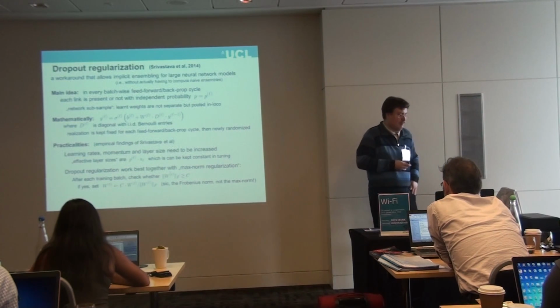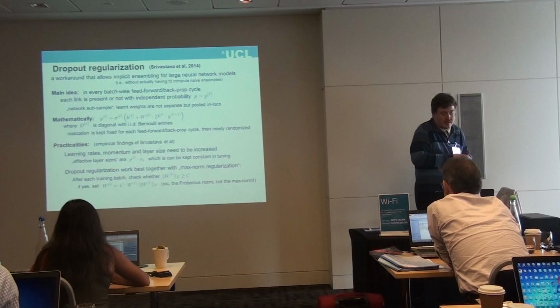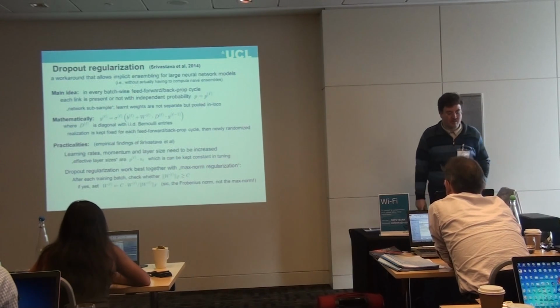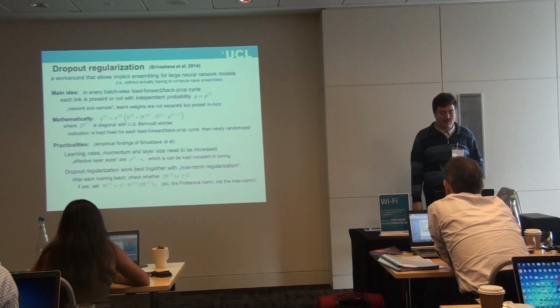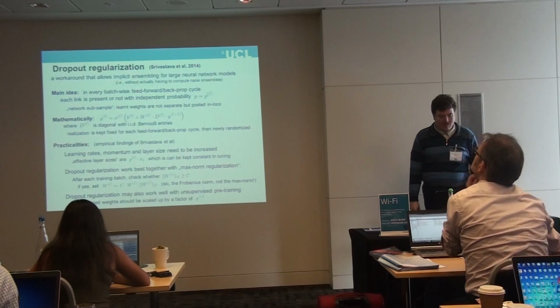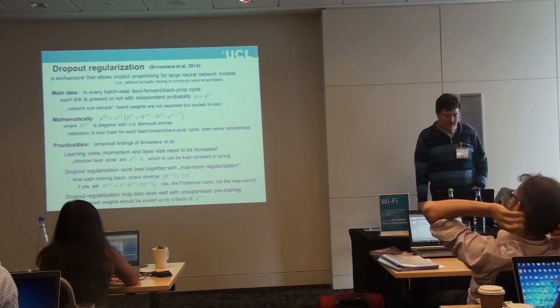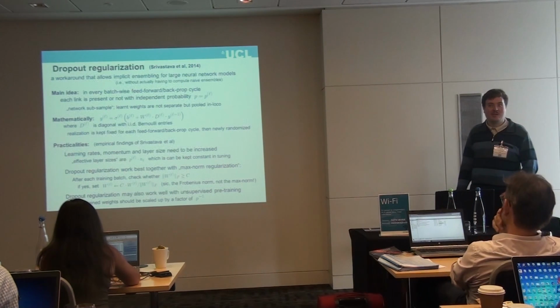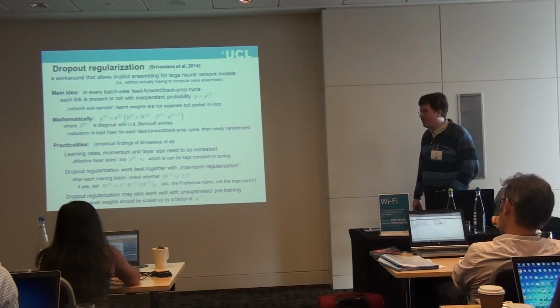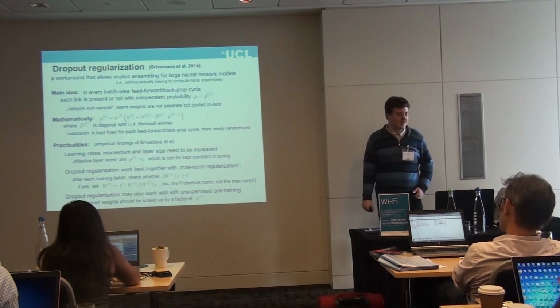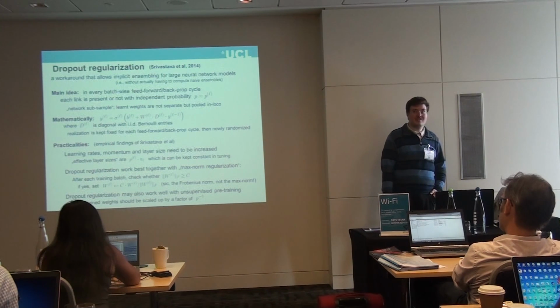It's called max norm regularization, but actually what goes in is the Frobenius norm, which is not the max norm. So I'm not entirely sure why it's called the max norm and the Frobenius norm regularization. Anyway, it may also work well or may not work well with unsupervised training, where the guru suggests that the weights should then be pre-scaled by a factor that comes from the dropout probability. So that's what it does.